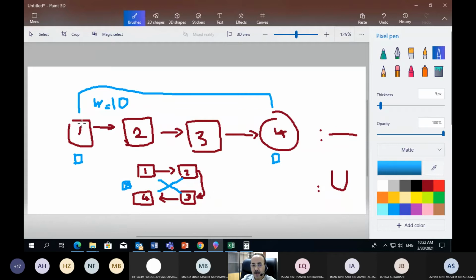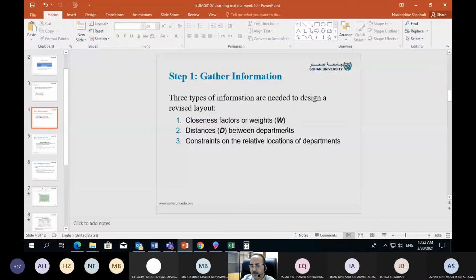I might have maybe other criteria. For instance, if 1 and 3 use one tool that is common to both of them, especially if this tool is like an expensive piece of equipment, I might actually also have a weight between operation 1 and operation 3. The same thing can be done, obviously, with departments in general.